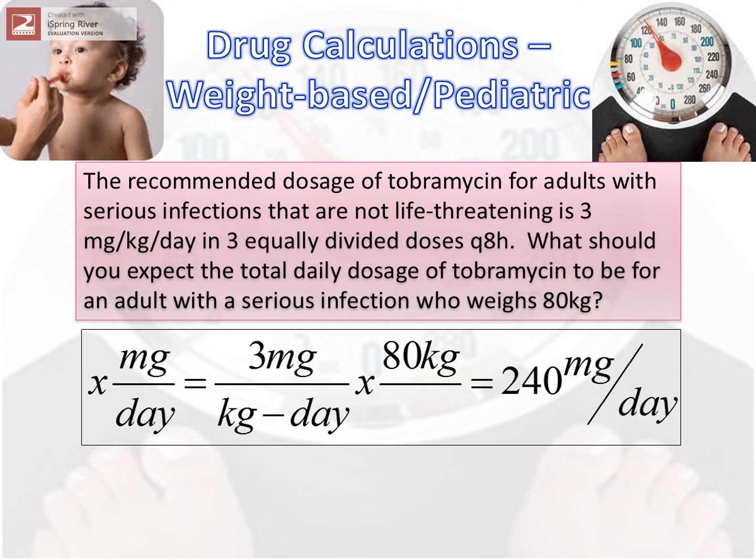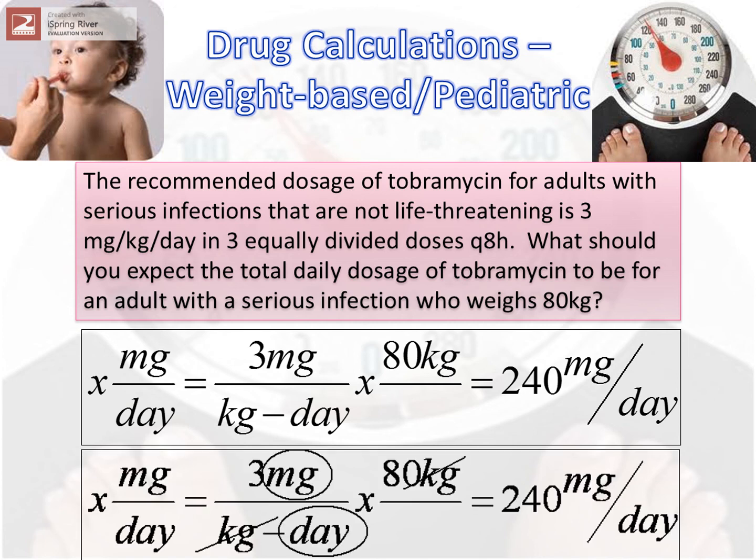And we don't need any other numbers because we already have day. Milligram over day is what we have. We canceled out our kilograms, so we just do 3 times 80 is 240 milligrams per day. And that would be what you would expect the total daily dosing for this one adult to be.